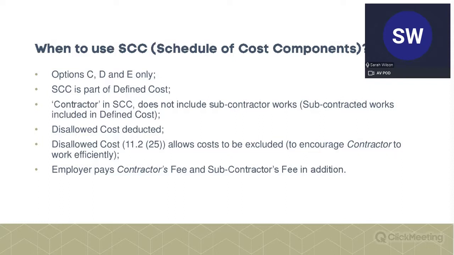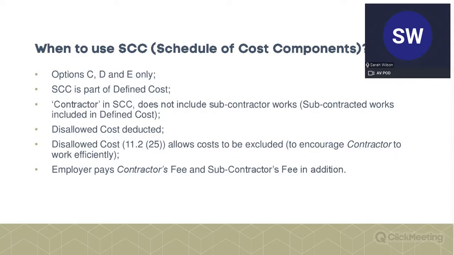So the schedule of cost components is referred to in the defined cost. What you're entitled to claim is your defined cost, and then you look to which schedule is relevant. As I've said, for C, D and E contracts, it's the schedule of cost components rather than the shorter schedule.